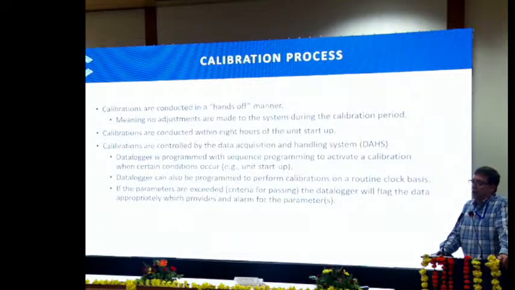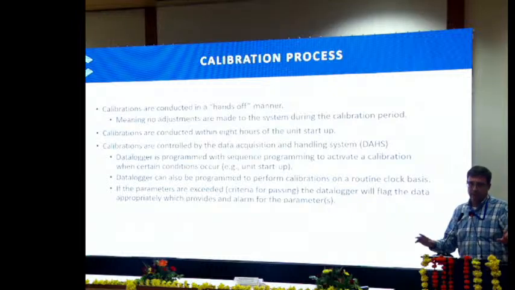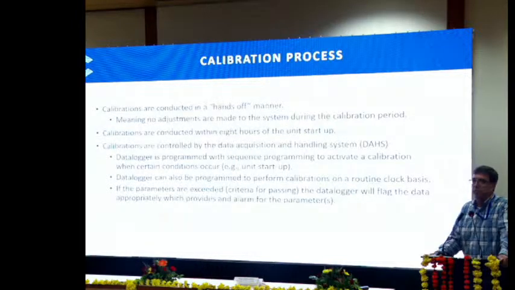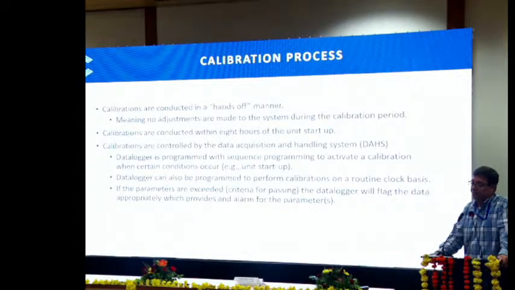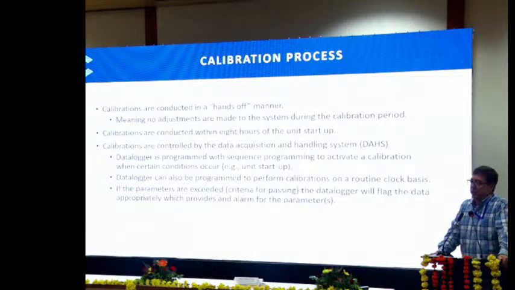Calibrations are controlled by the data acquisition and handling system. As indicated earlier, the data logger for us is what's controlling most calculations and also most input-output functions as far as triggering calibration valves and doing all of that. So our data loggers, typically in the US, are programmed with sequence programming to activate a calibration when certain conditions occur.